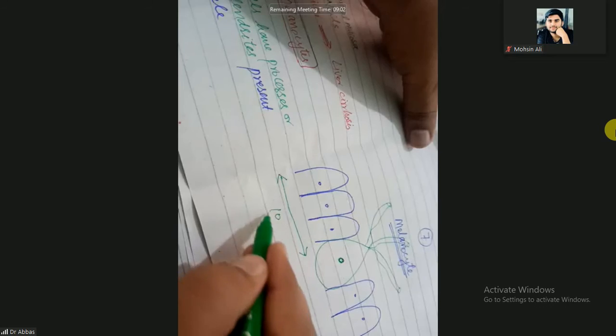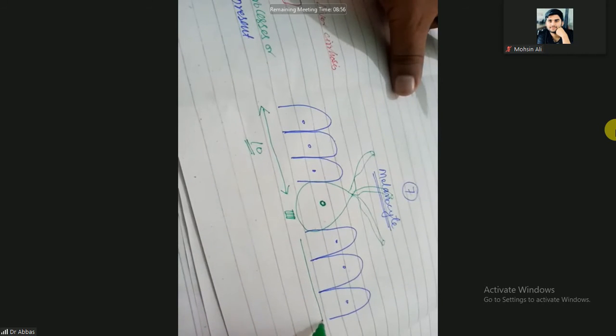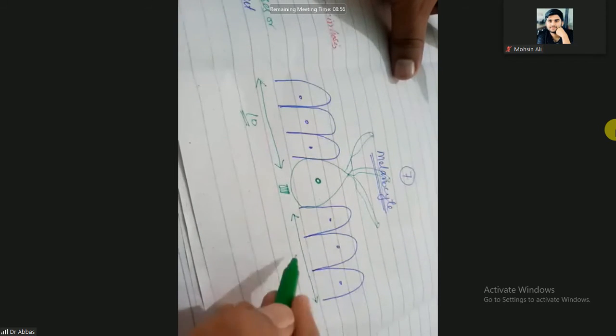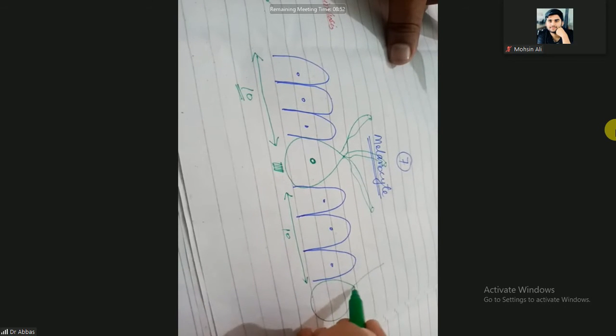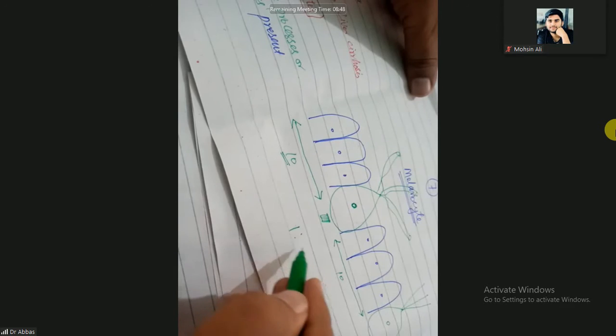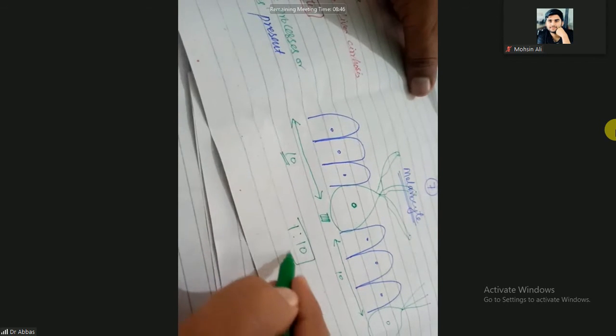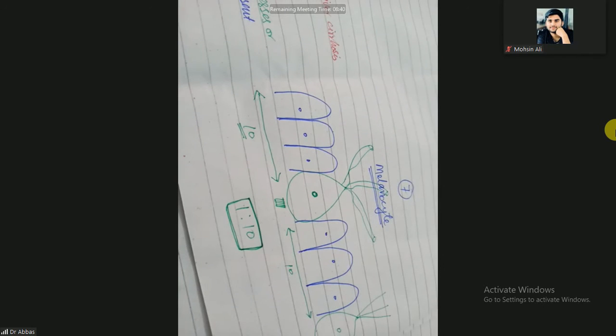So after 10 keratinocytes, there will be a melanocyte. So the ratio of the presence of the melanocyte is 1:10. After every 10 keratinocytes, there will be one melanocyte.